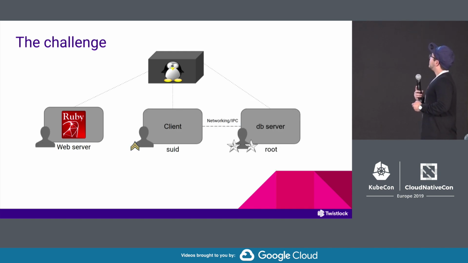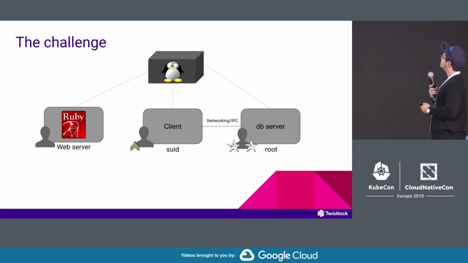And this client binary is setUID. Do you guys know what setUID is? Okay, so setUID is a Linux file permission that makes the binary, like the client binary, run as the owner of the file, the user that owns the file.